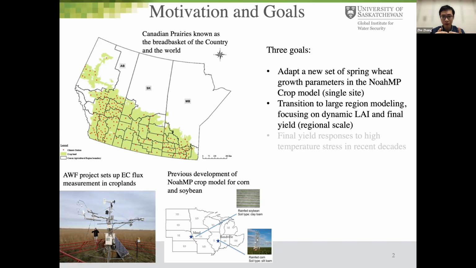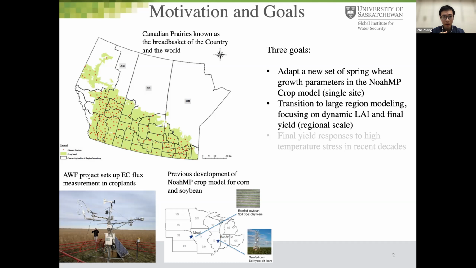So Canadian prairie is also known as the breadbasket to the world and to this great country. In 2016, the Agricultural Water Future Project set up a few sites of eddy covariance flux measurements in the cropland in Saskatchewan. Philip will maybe talk about some of this in his later presentation.